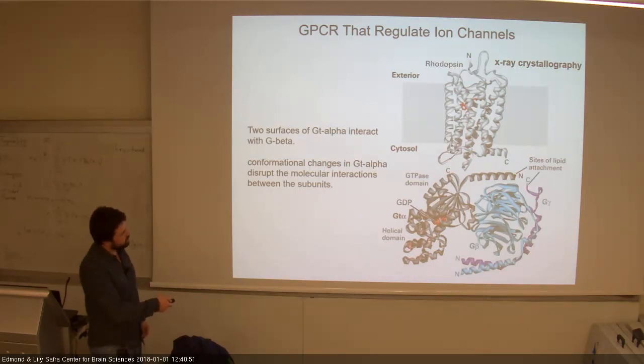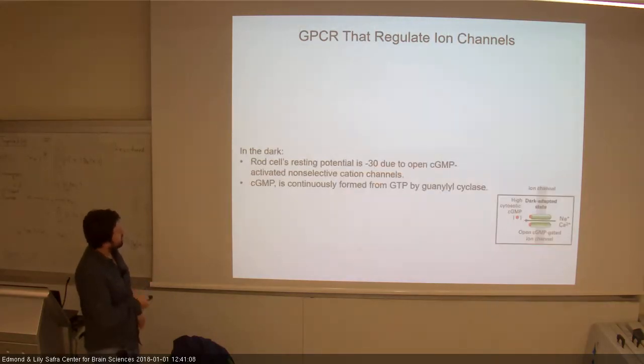Again, this is the GTP and the G-alpha and the G-beta gamma, and these are the sites that have lipids anchored to the plasma membrane, and this is how they associate with the rhodopsin receptor. So how exactly does this mechanism happen?